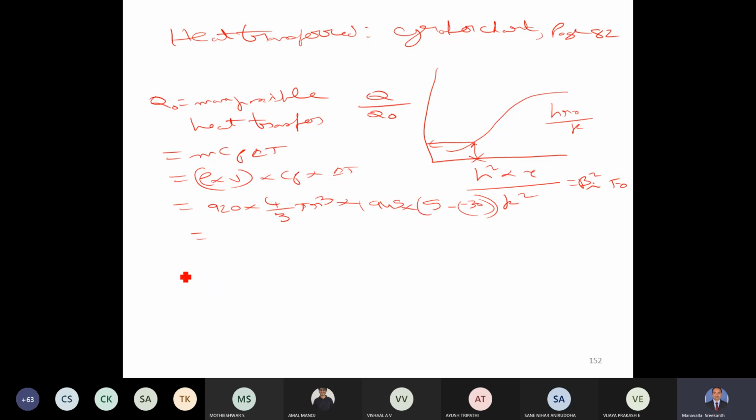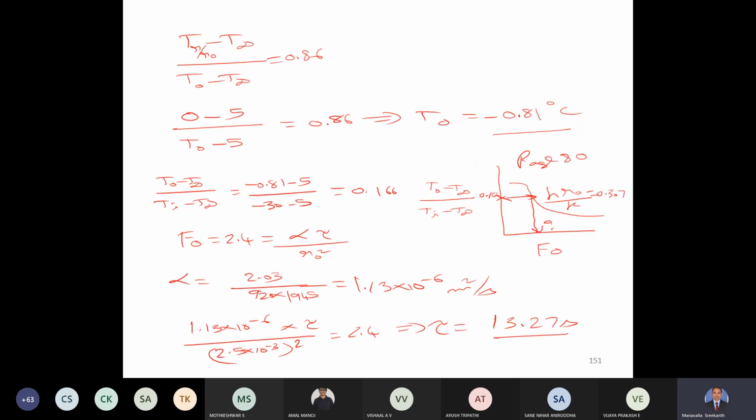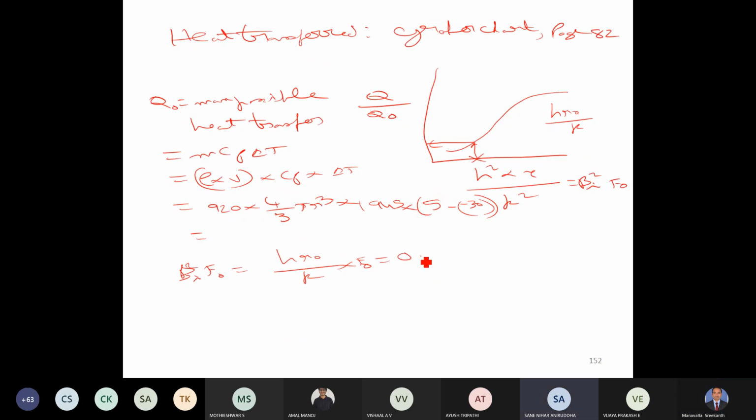Now Biot squared times Fourier is how much? Biot means hR naught by k, multiplied by the Fourier number. We did this calculation earlier. hR naught by k is 0.226. This entire thing must be squared, multiplied by the Fourier number.